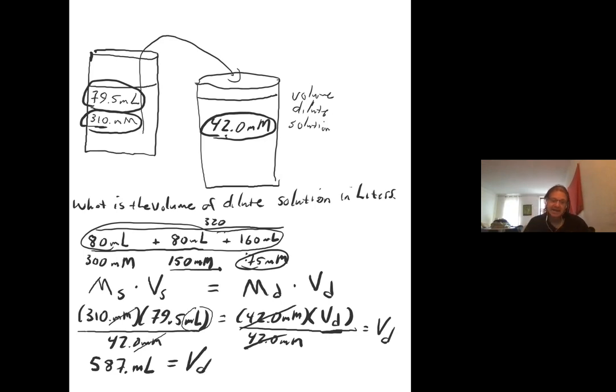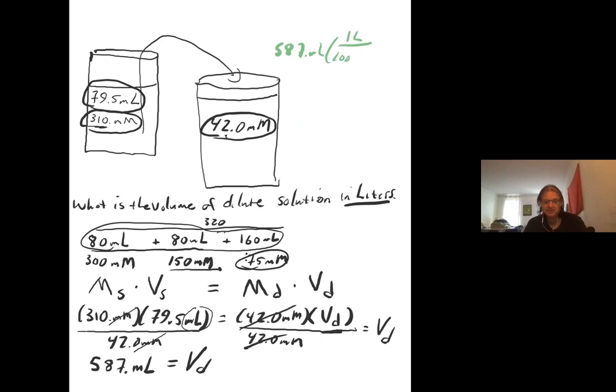Now, they did ask us to convert it to liters. So that's something we can do. I'll do it up here. So I'm going to take 587. And a couple different ways you could do it. One way would be to say, hey, a liter is 1,000 milliliters.